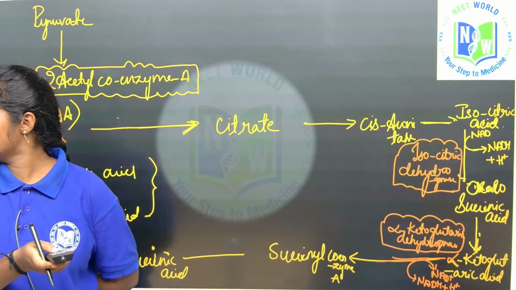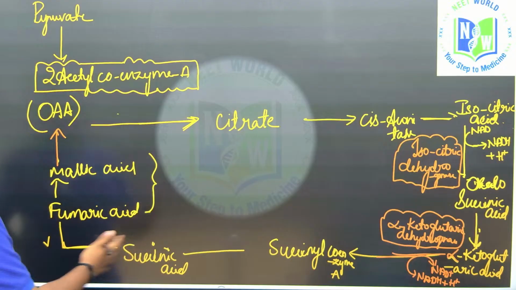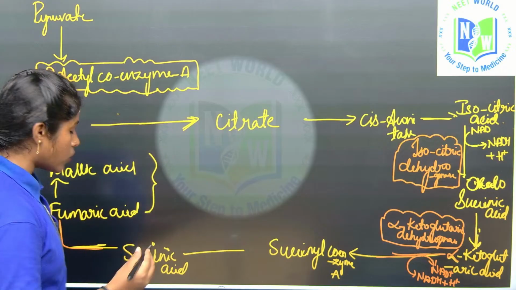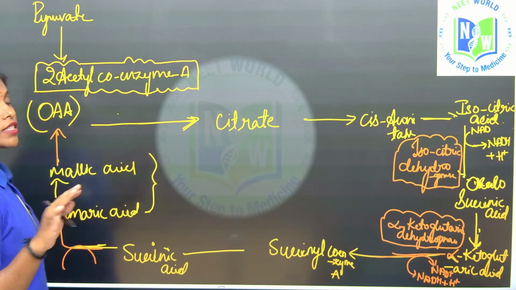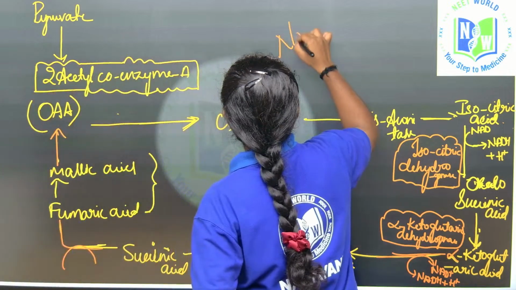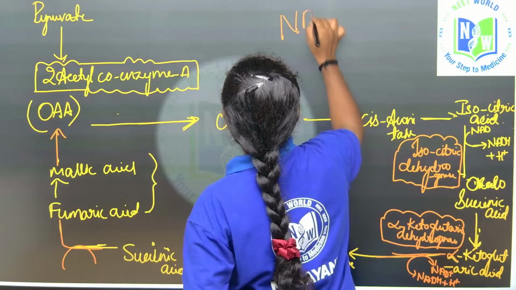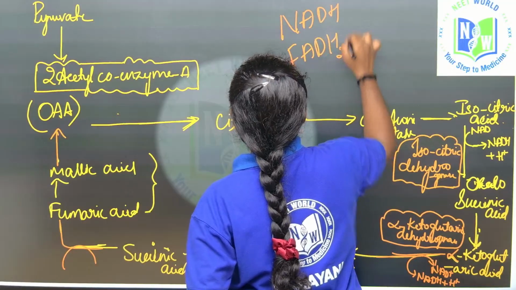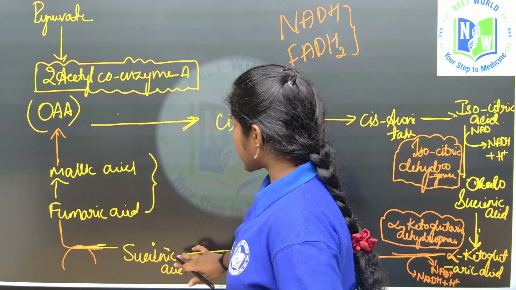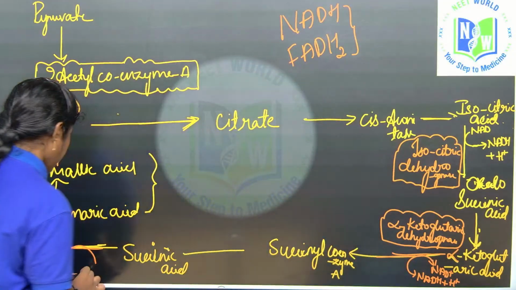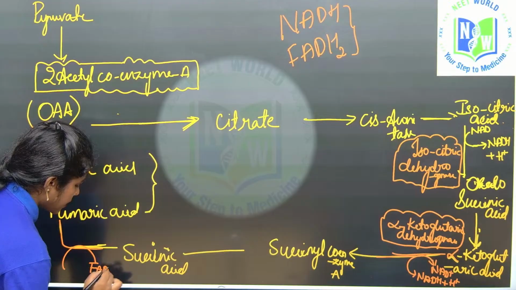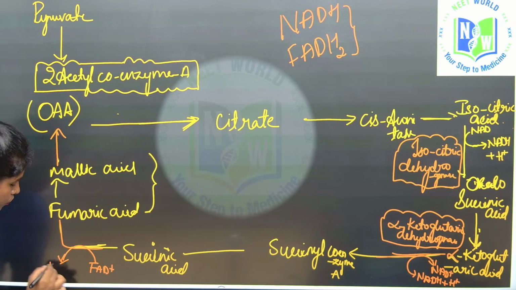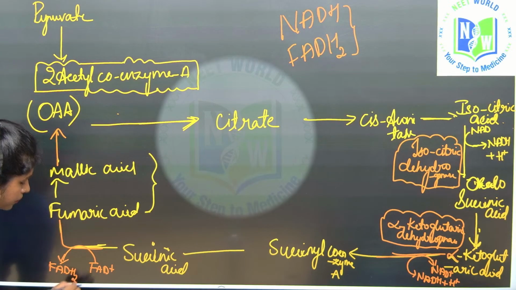Coming to the third corner, succinic acid forms the reducing equivalent FADH2. At the start of the class I said NADH and FADH2 are the reducing equivalents, which indirectly produce energy, that is, they also produce ATP. So from succinic acid to fumaric acid, FAD plus is reduced to FADH2.